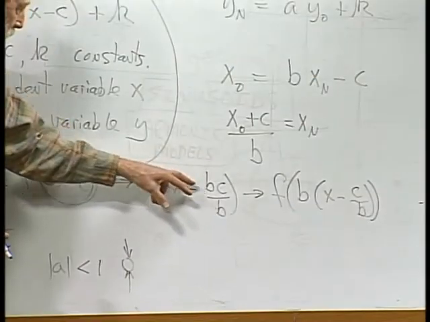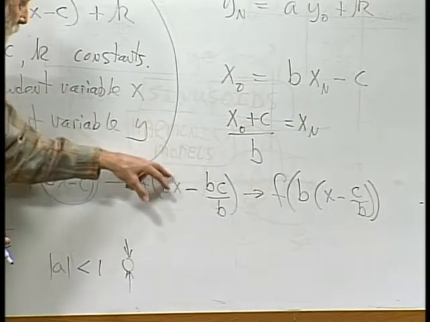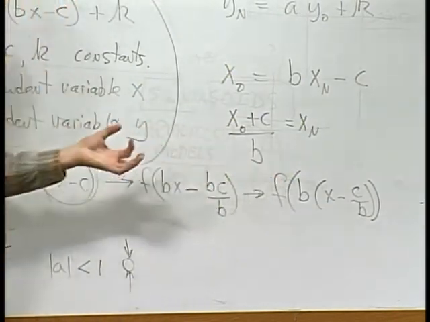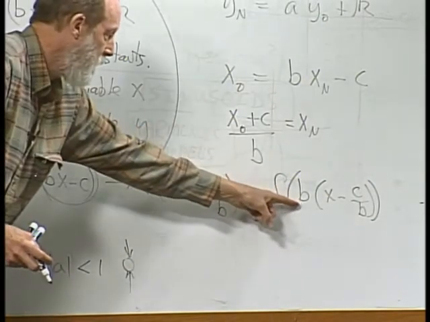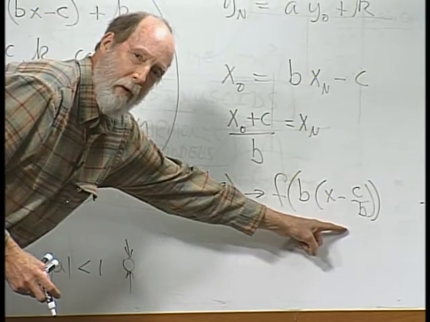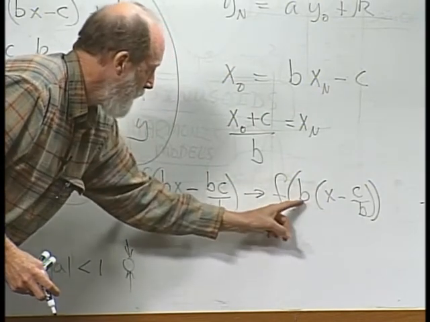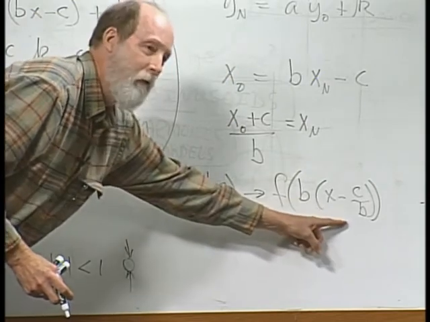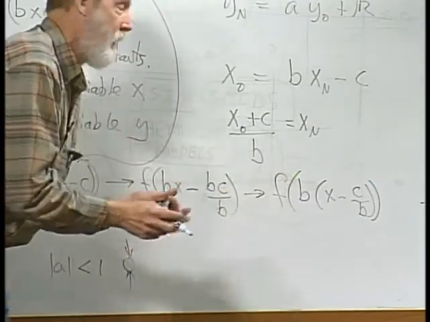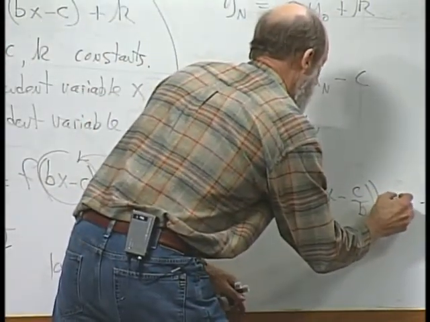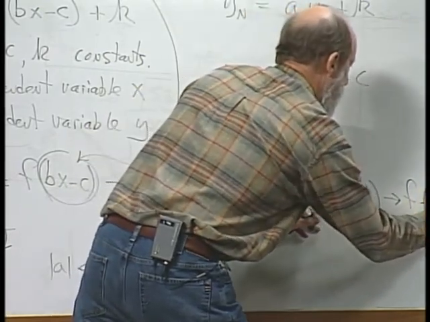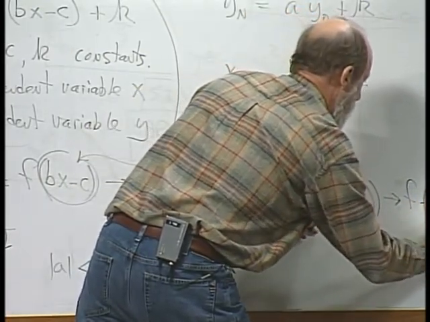Just a little bit of algebra here. I'm just factoring this common factor in the numerator out, b. There it is. And what I'm going to do now is take that b out in front, that coefficient, and move it down underneath this. Remember invert and multiply? If I take that b down underneath, it doesn't go down there just as b. It goes down as 1 over b underneath there. So this becomes f of x minus c over b divided by 1 over b.